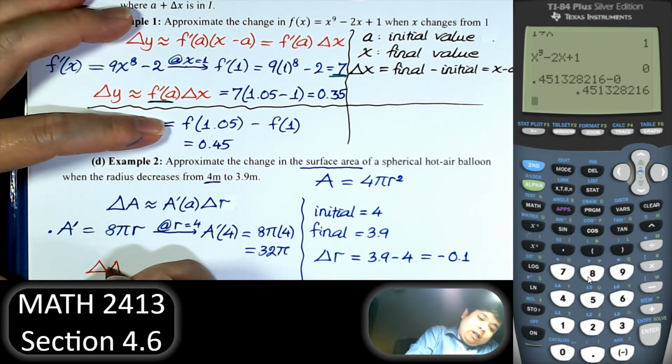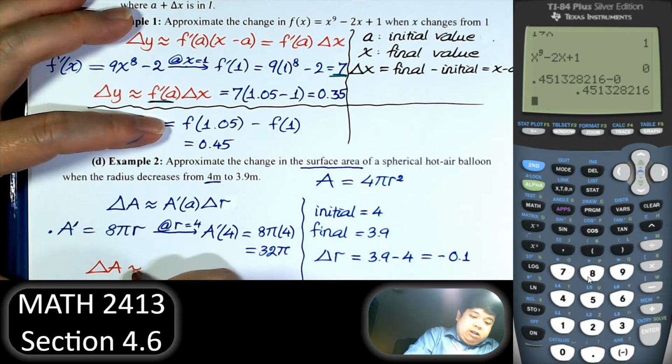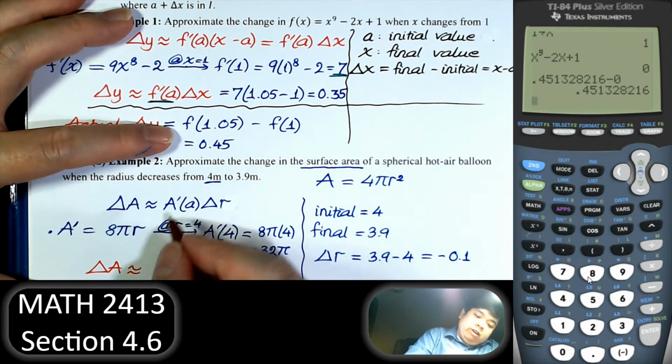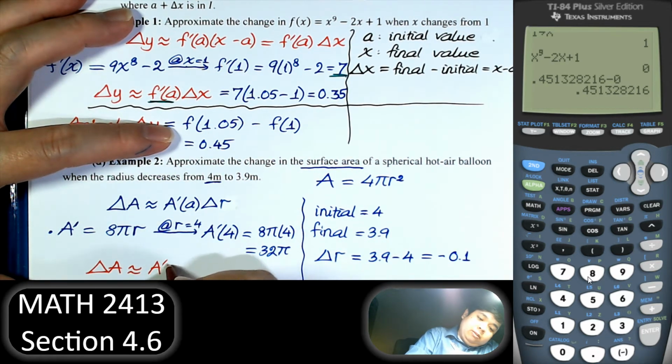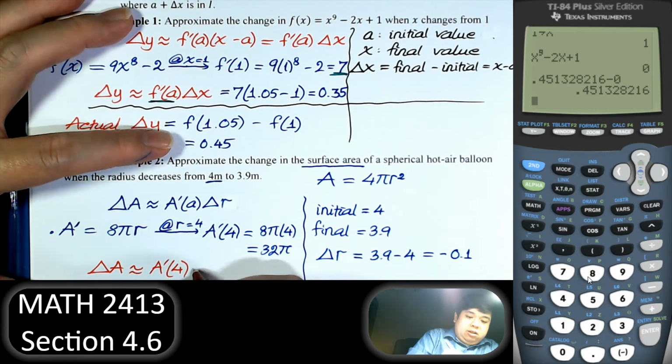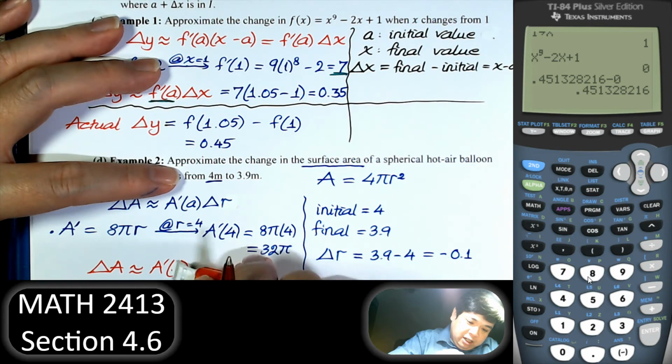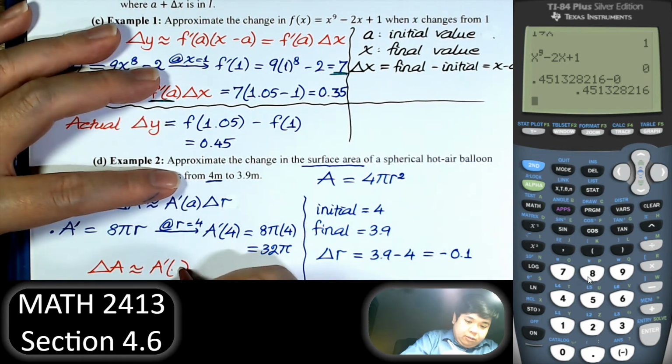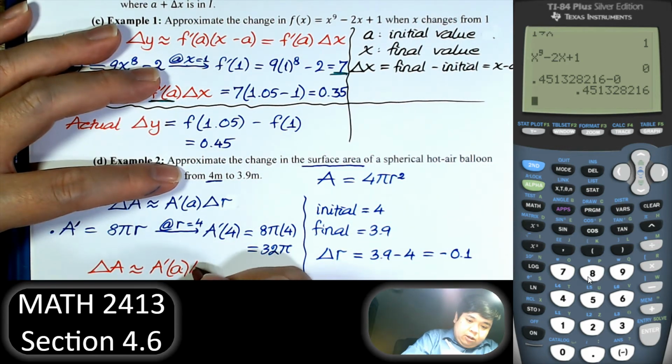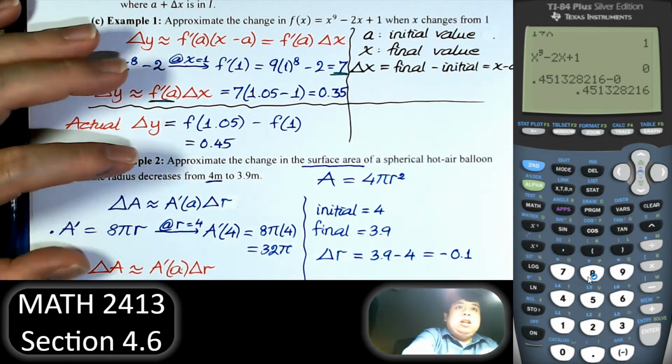The change in the surface area is given by the derivative at the initial value times delta r.